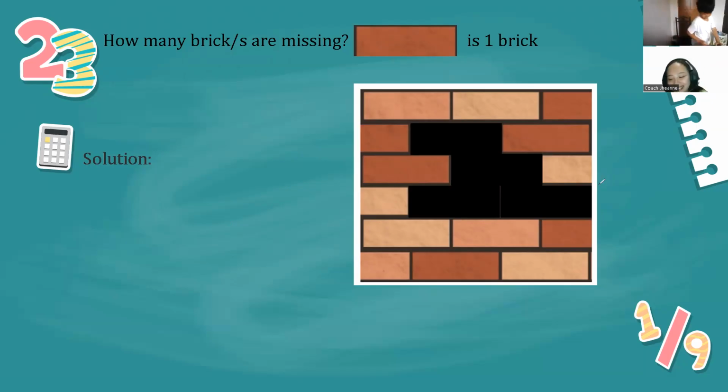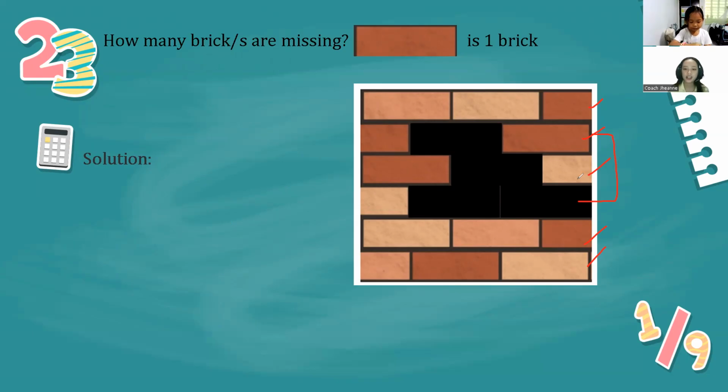So how many bricks are missing? If this brick here is 4, why 4? So there is a pattern here. As you can see, this one is the same, this one is the same, this one is the same, and also this one. But we can clearly count here.